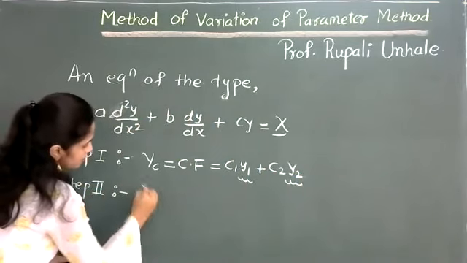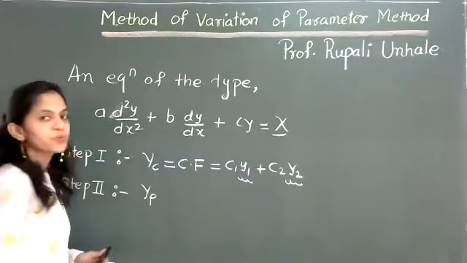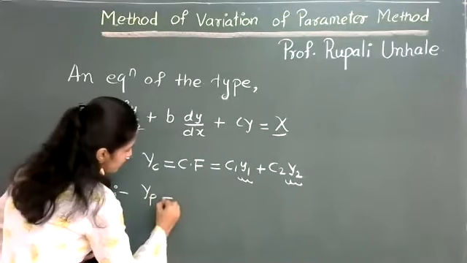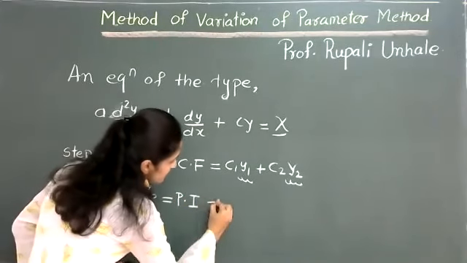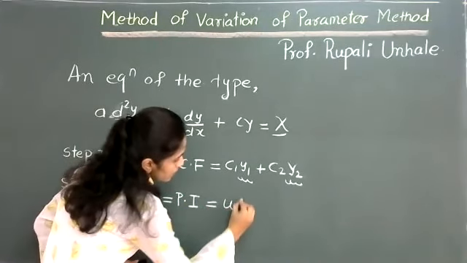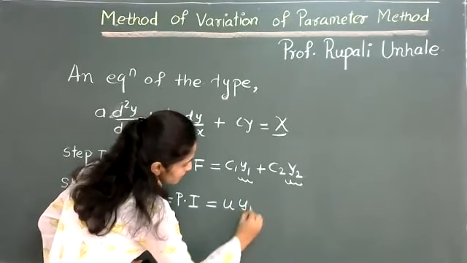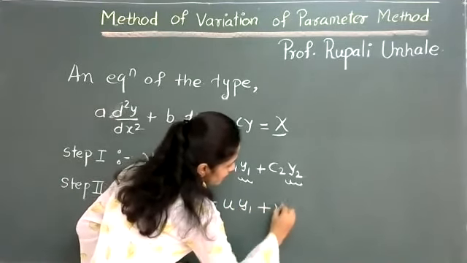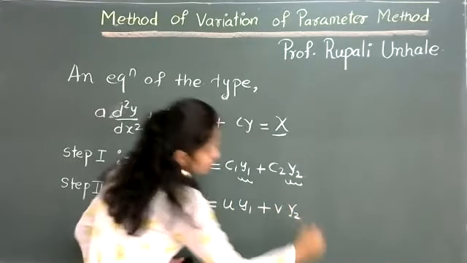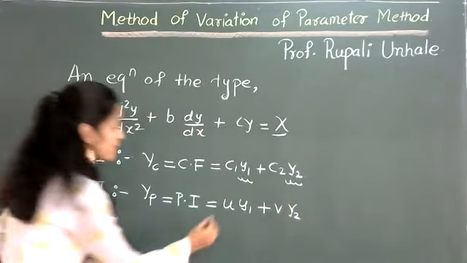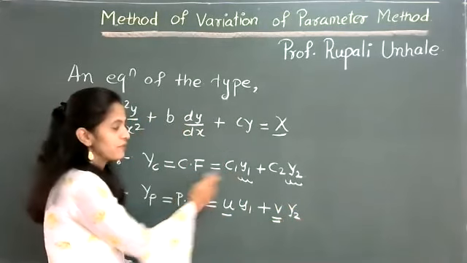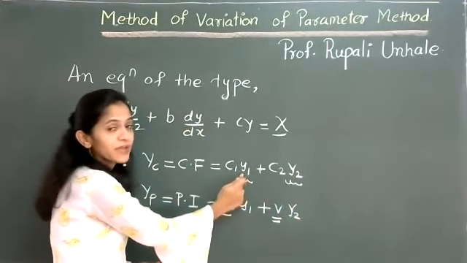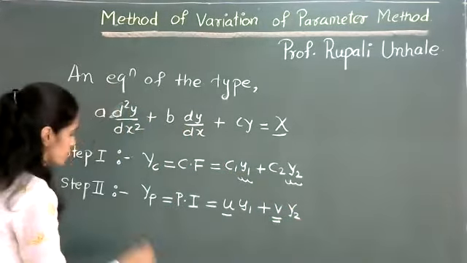Step number 2 is find yp, the particular integral, which is u y1 plus v y2. Here we want to find the values of u as well as v.